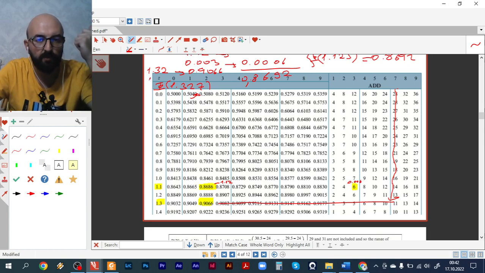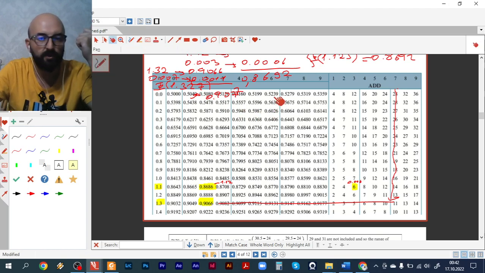If you want 0.007, you should add 0.0011, and it means 0.9077.